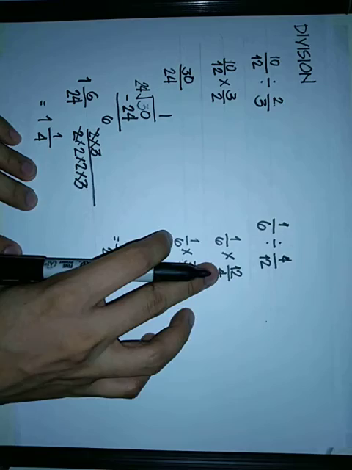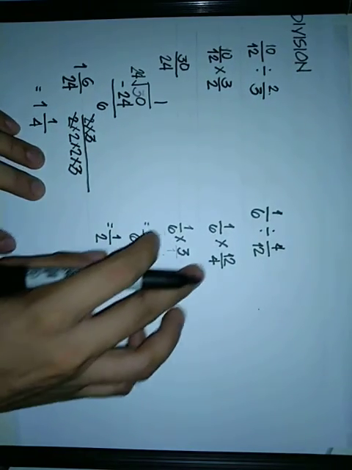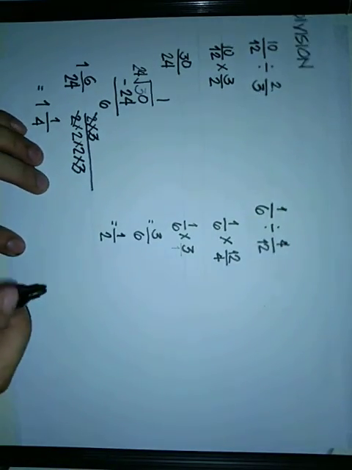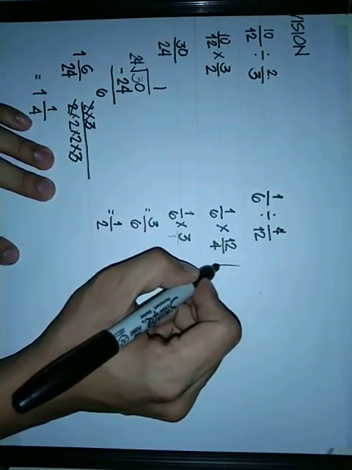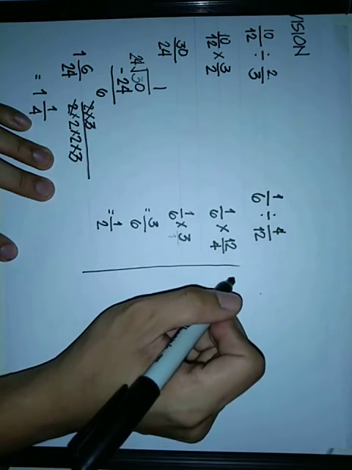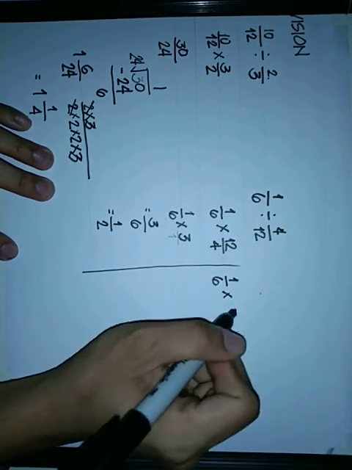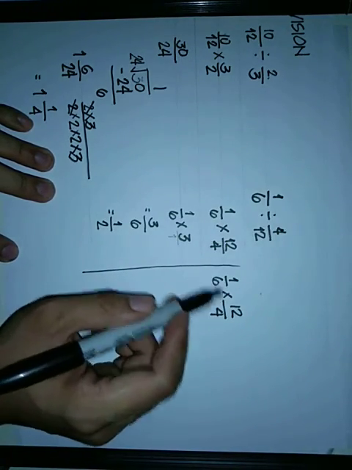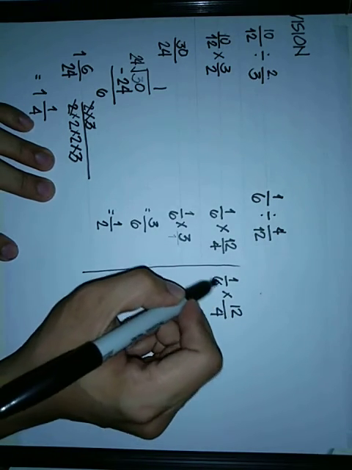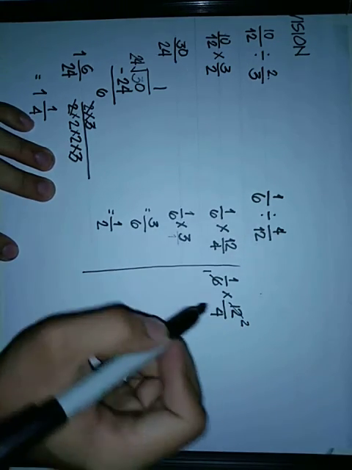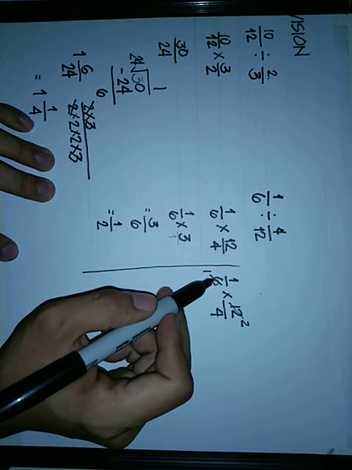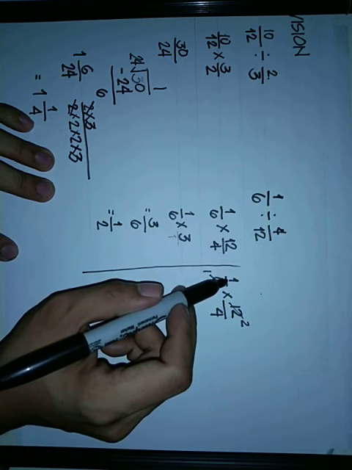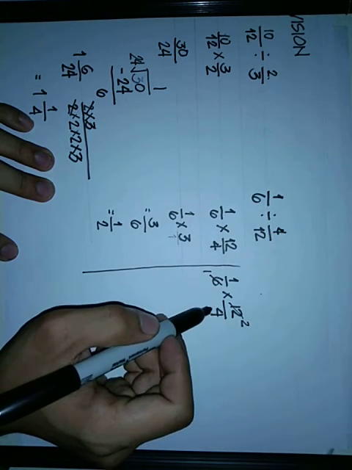Kapag kinonvert natin yung 12/4 into its simplified form. Let's try naman ang isa pa. So we have 1/6 times 12/4. So pwede natin makancel yung 6 at saka 12. So we have 1 here and we have 2 here. So kasi 12 divided by 6, we have 2. So may matitira na lang tayong 1/1, and then we have 2/4.